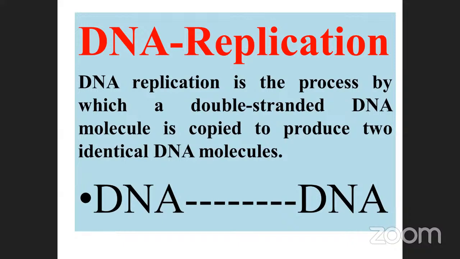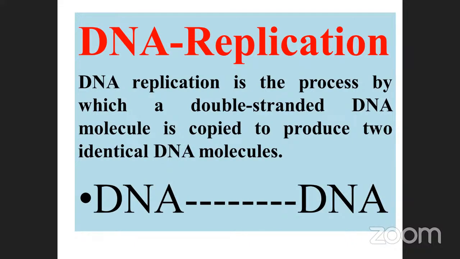This is the double stranded helical structure, the parental DNA. It produces an exact copy of DNA. How many copies? 2 copies.